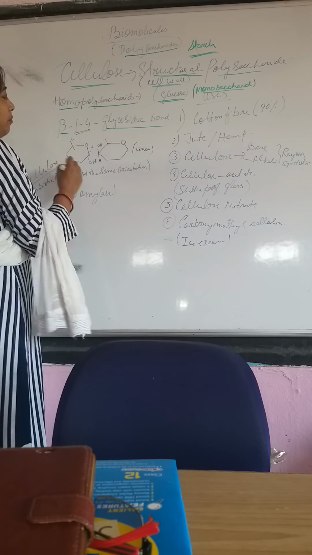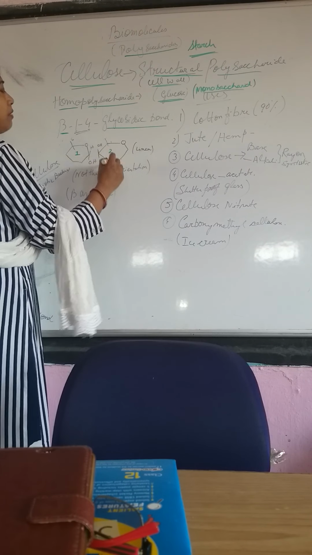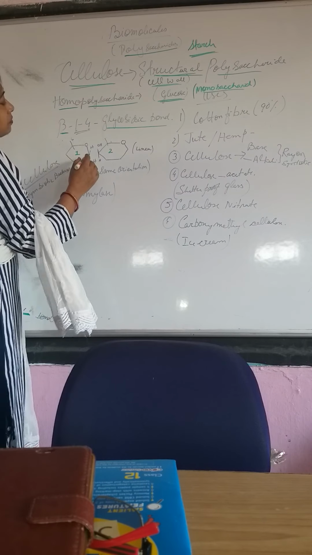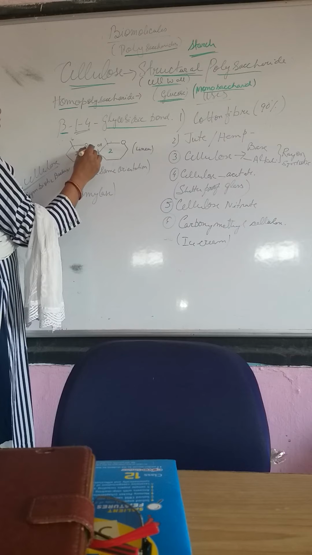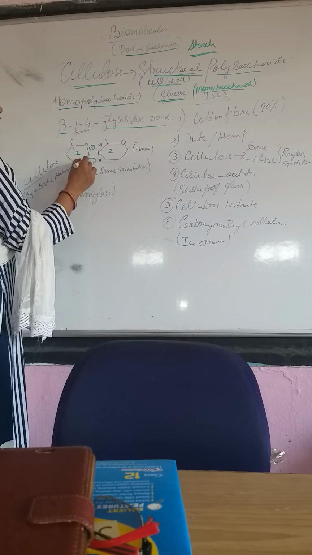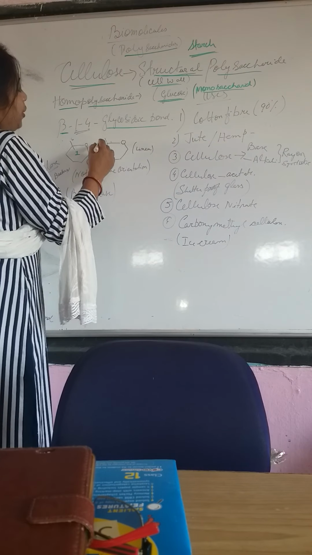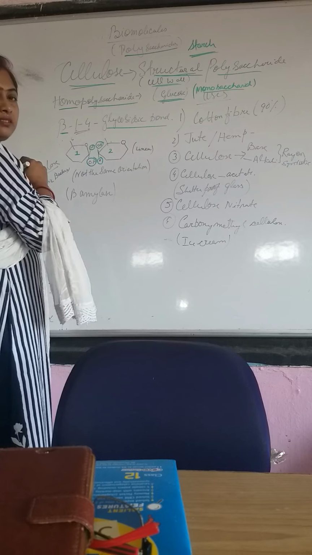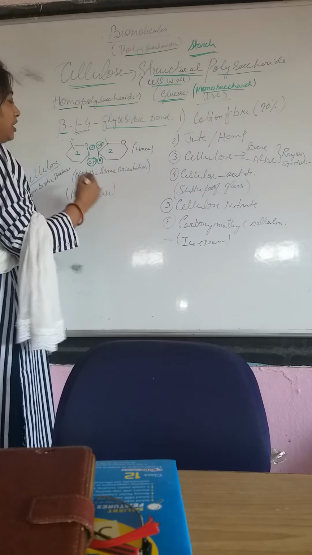Now if you see, this is the first carbon structure and this is the second carbon structure. Here on this one there is one hydrogen and this one is OH. And in the second molecule, you have the OH here and H here. So they have a different orientation.